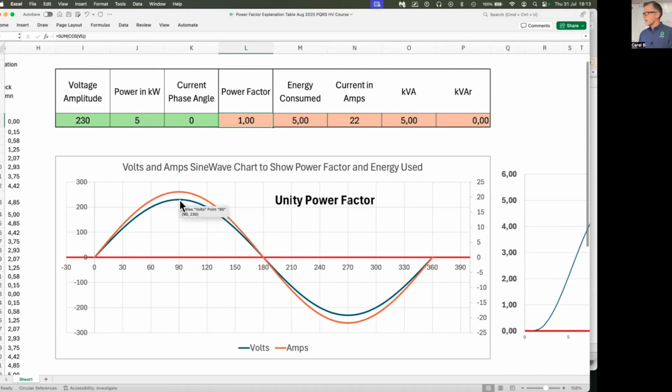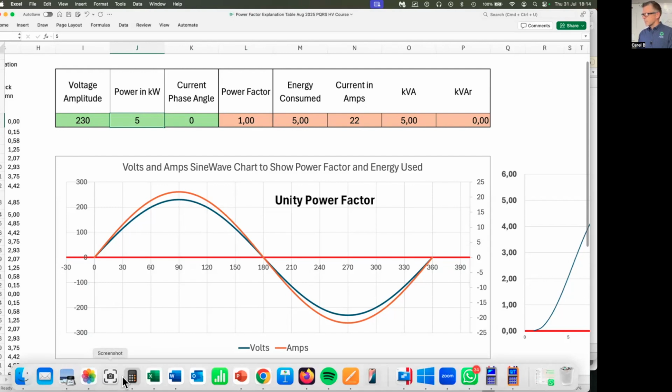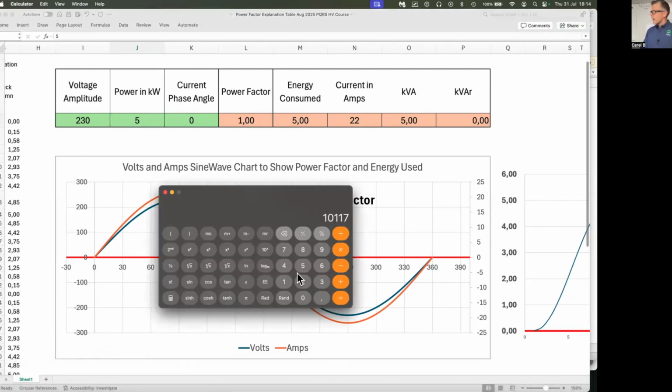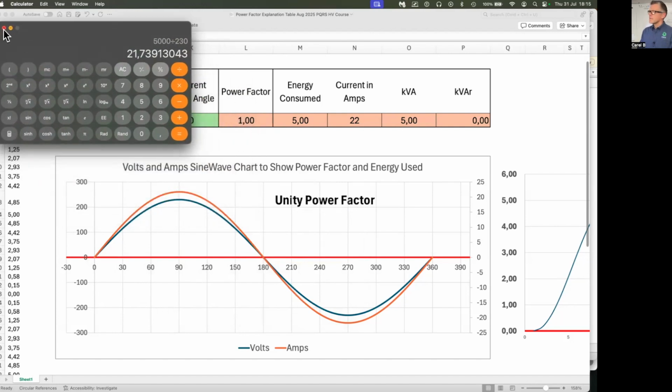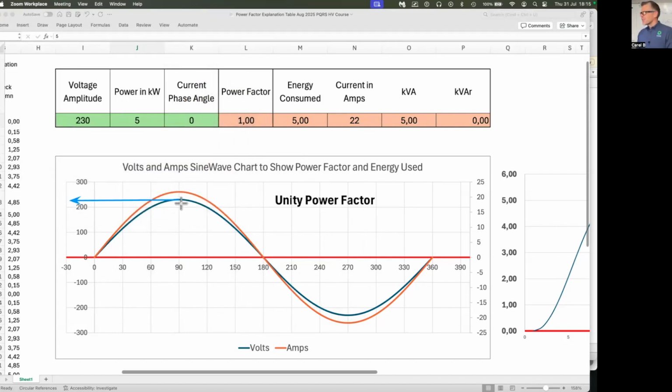So if we look at this, we can see we've got a 5 kilowatt load at 230 volts. Now, power is equal to volts times amps. Current is equal to power over voltage. So that is 5,000 divided by 230 volts, 21 amps. So what we see up here is, the volts is blue.